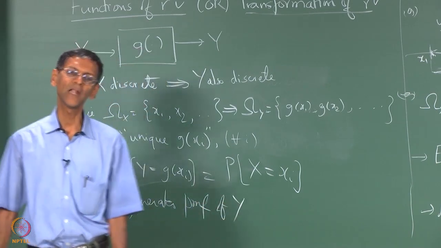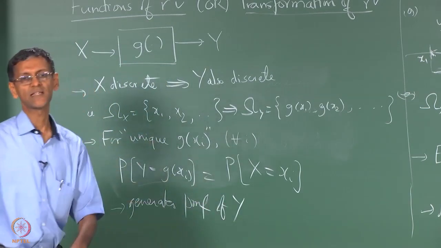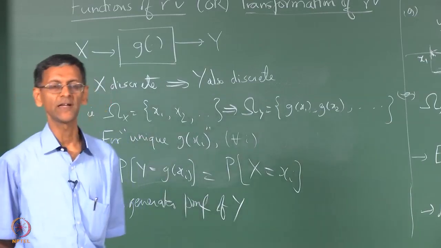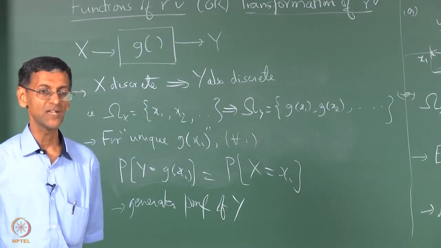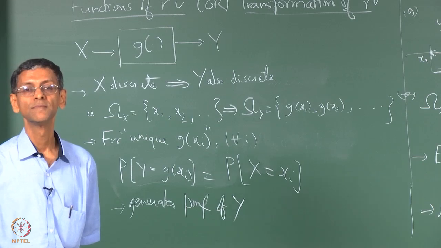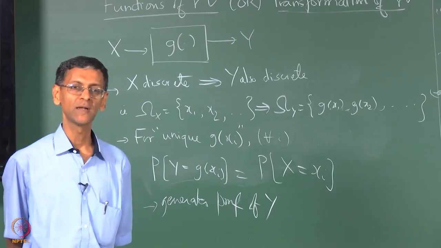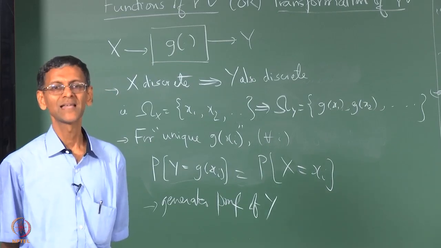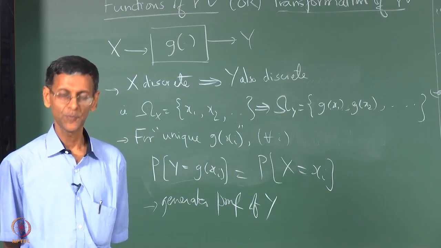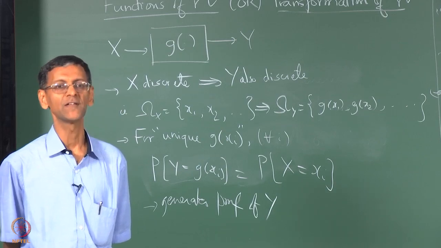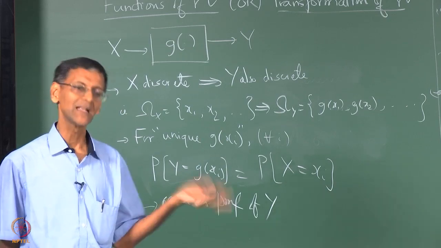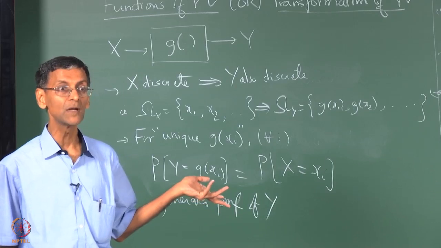But supposing you do not have unique g of xi, supposing there are two numbers x1 and x2 which map to the same g of x1. Then what is the probability y equal to g of x1? It will be the sum of the two, P of x equal to x1 plus P of x equal to x2, because if you get either number in x, you are going to get the same number in y.